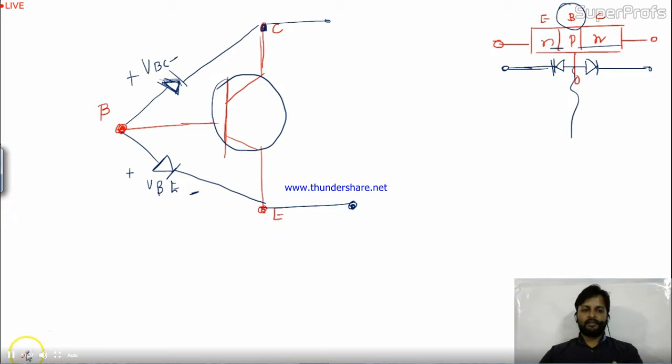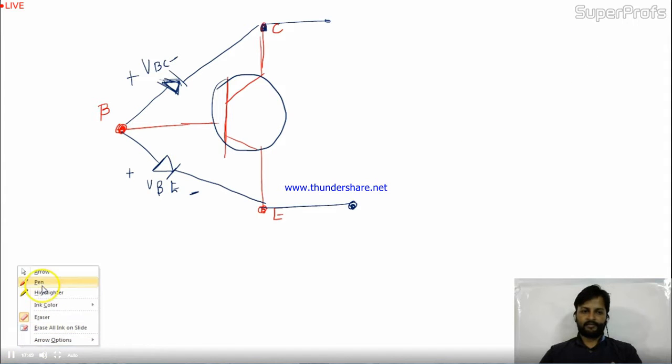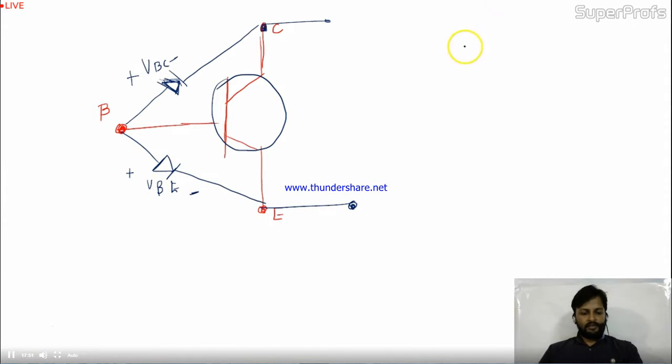So friends, as I told you, we have to see the operating regions. Later we'll discuss in brief. We have two junctions: one is the emitter-base junction, and the other is the collector-base junction.